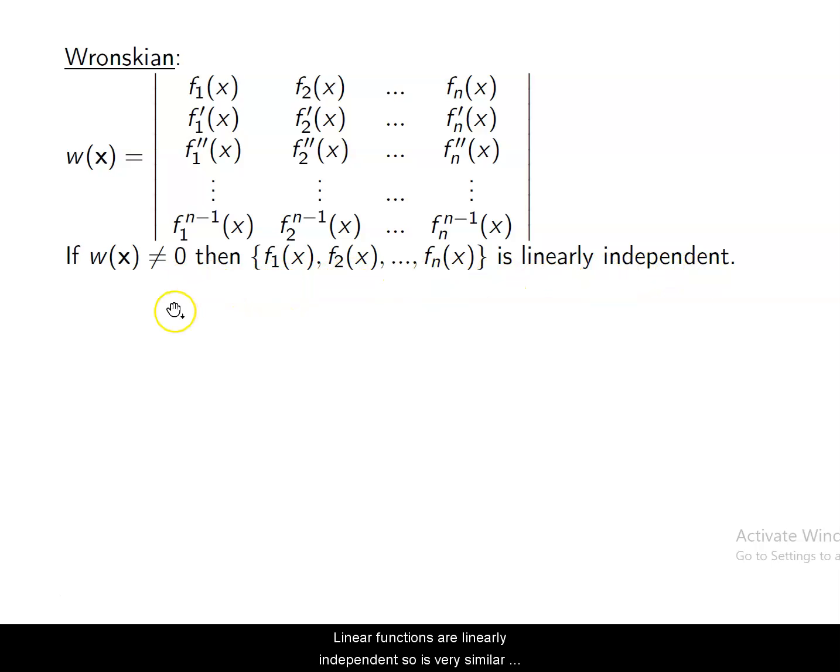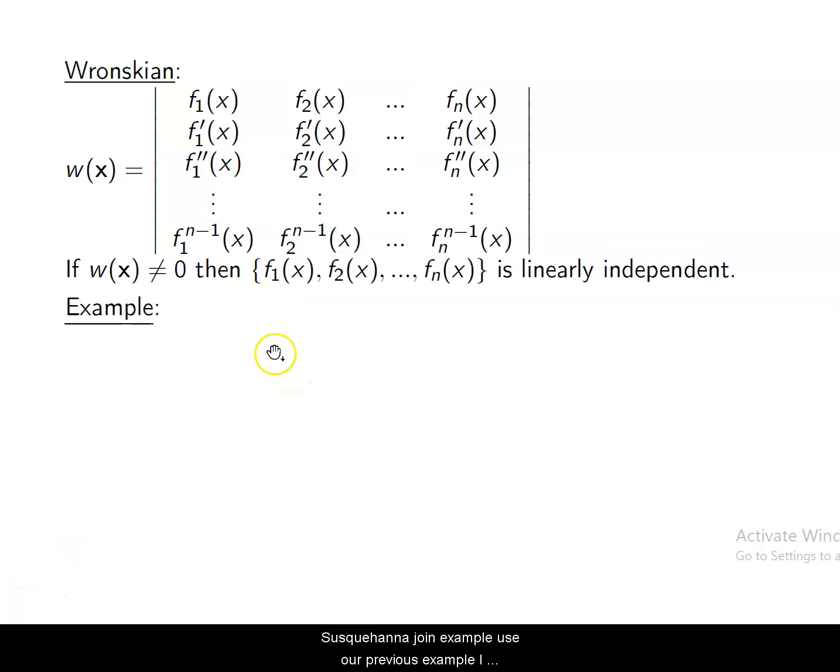So it's very similar to how I said earlier in the determinant section that I like to find linear independence to let me know whether something is invertible or a basis, etc. I just write the column vectors and then I find the determinant. It's very, very similar to that, except that you're not writing the coefficients down. You're using the actual functions and you're taking their derivatives, and then you're finding the determinant.